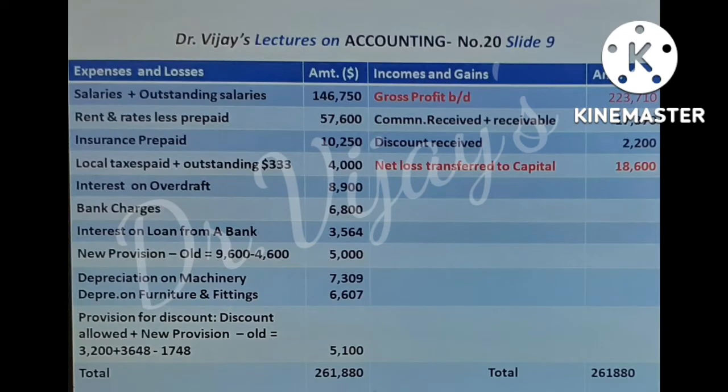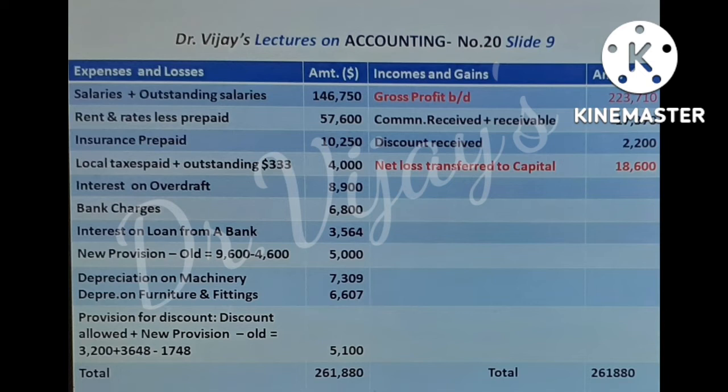In the profit and loss account, on the credit side, the gross profit 9,89,930 is brought down. Then all incomes come on the credit side, other incomes. Commission plus commission receivable 91,000. Discount received 4,300. All expenditures and losses other than those shown in the manufacturing account come here on the debit side.